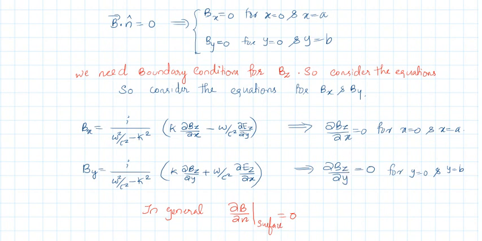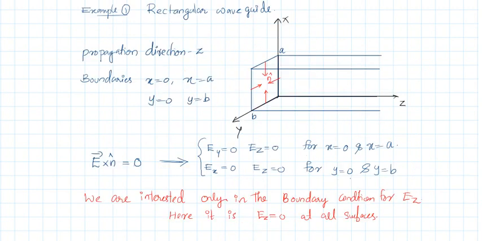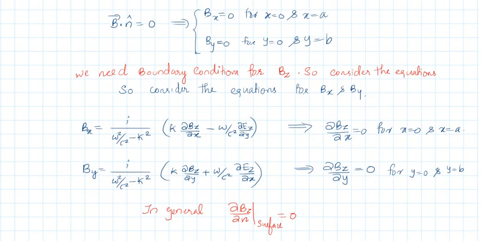So these two equations together we can write dou B by dou n at the surface is 0, where n represents the normal derivative. Dou B by dou n means not dou B, it is dou Bz. Sorry, dou Bz. Dou Bz by dou n at the surface is 0. So in the case of electric field, the boundary condition is simply Ez equal to 0 at all surfaces. But for magnetic field, not Bz equal to 0 at surfaces, but dou Bz by dou n is 0 at the surface.